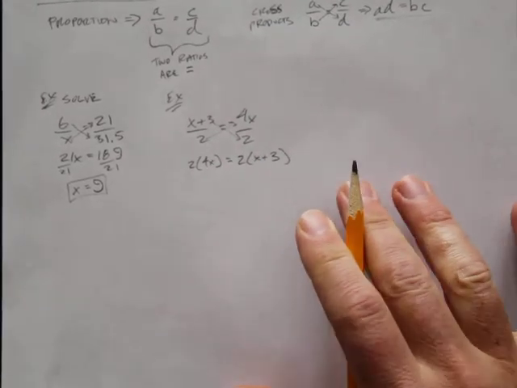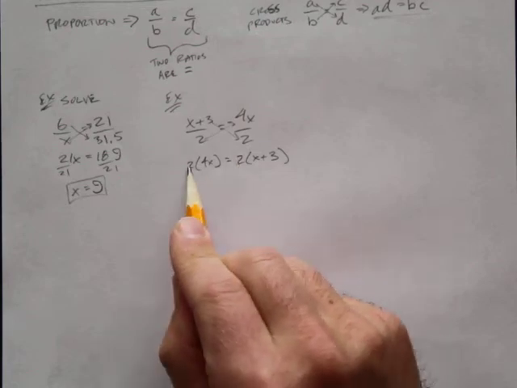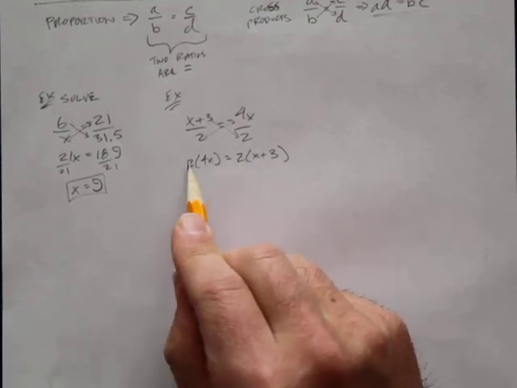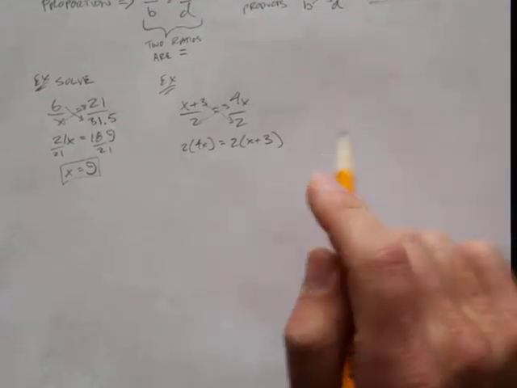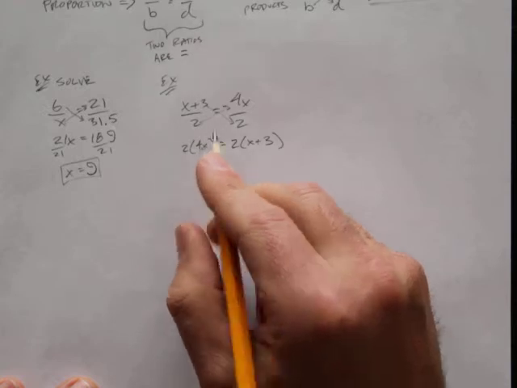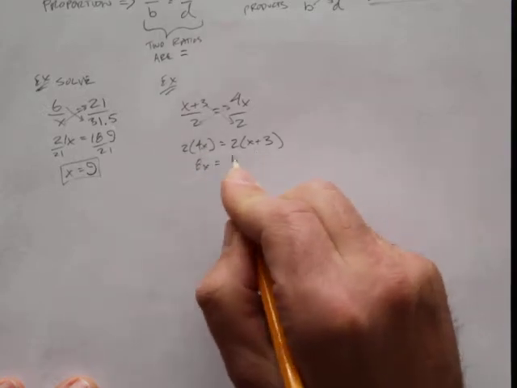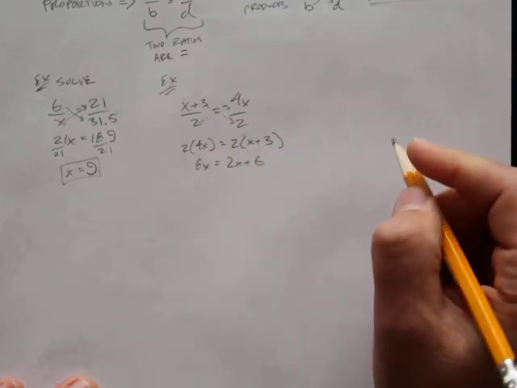At this point, if you are a fancy math person, you can divide both sides by 2 and those 2s go away. If you're not thinking about it that way, that's okay. We'll just multiply it all out. So 2 times 4x is 8x equals 2x plus 6, since I've distributed that 2.